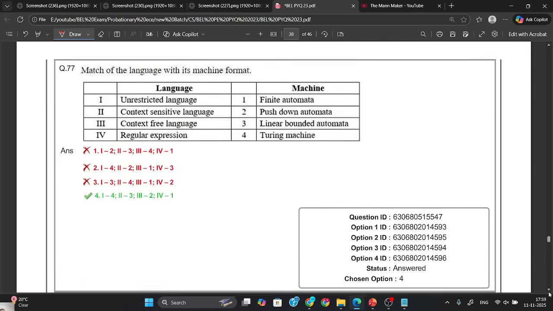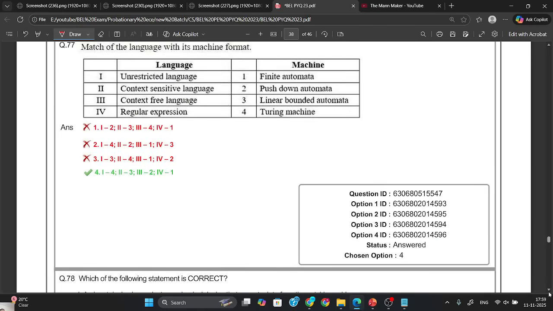Okay, match the following, these languages we have, and according to that the machine we have. So here, the first one we have unrestricted language, that belongs to your Turing machine, that we have read before, like it is a part of type 0 grammar. Then we have context sensitive language.